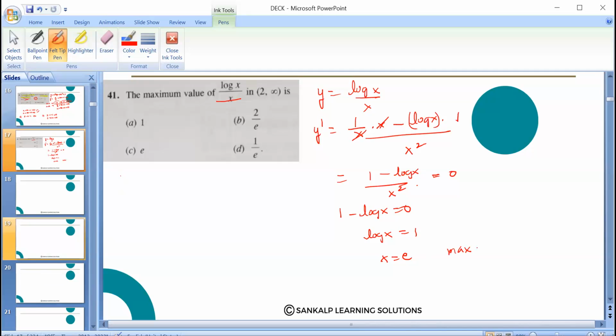But you have to find the maximum value. Log of e by e. Put x equal to e in y. So 1 by e is the maximum value. Option D. Next. 42.